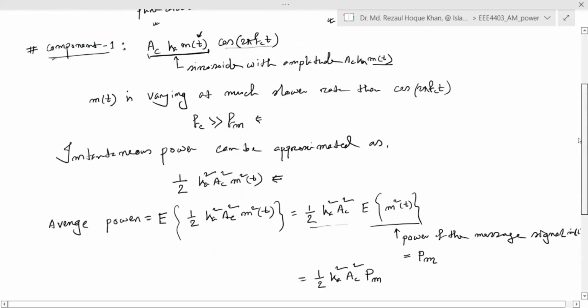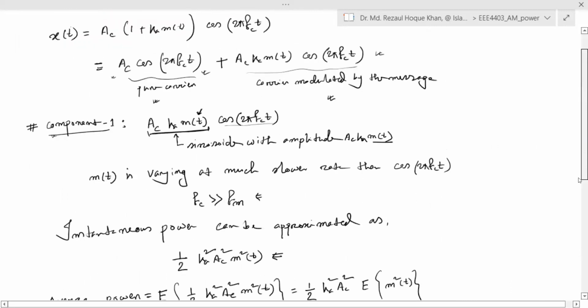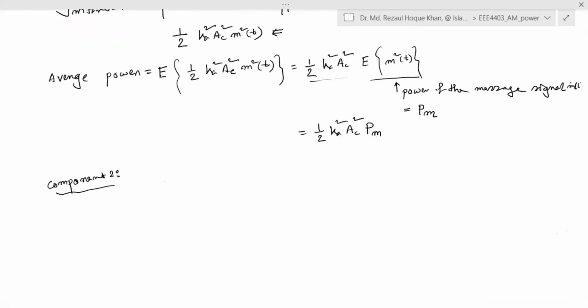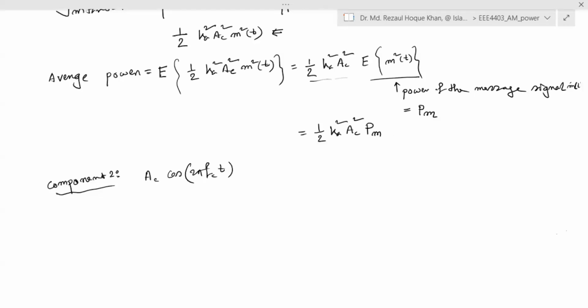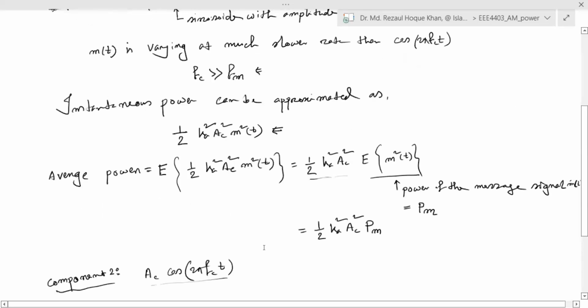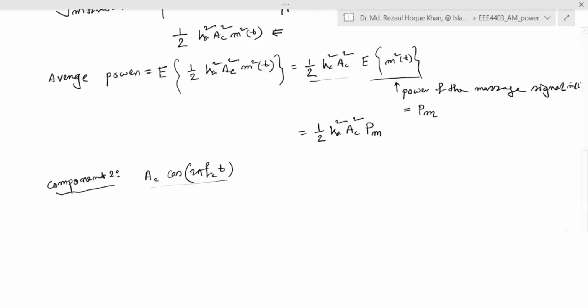Our second component was AC cos 2 pi fc t. This is a pure carrier, right? This signal is nothing but the pure carrier, whichever way you like to denote it.